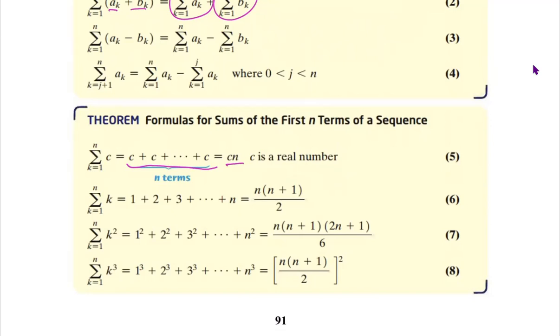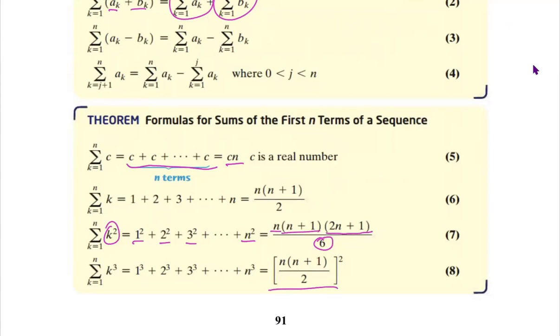If you add the squares of the first n positive integers, from 1 squared to n squared, the sum of k squared, that means 1 squared plus 2 squared plus 3 squared and so on up to n squared, then here's what it equals: n times n plus 1 times 2n plus 1, divided by 6. Those are formulas to memorize too.